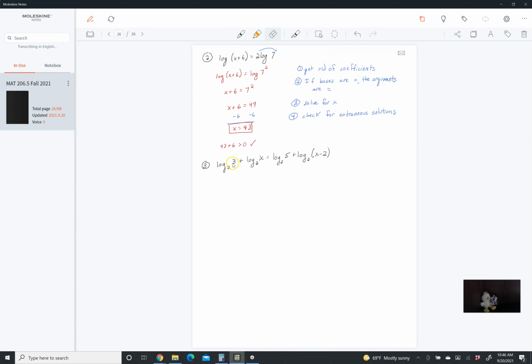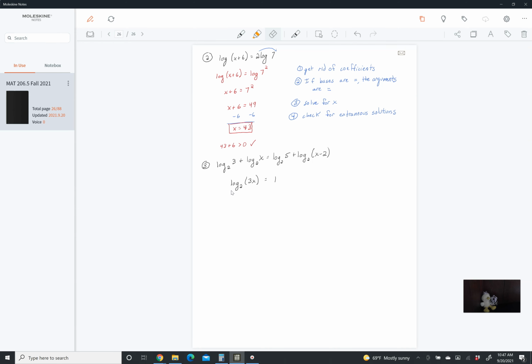Well, we can't do anything with this, but because they have the same base, what we can do is make it so that there's one log on each side. And we can do that by condensing, right? We see 2 logs over here that are being added. We can condense it by multiplying. So it becomes log base 2 of 3x on this side.